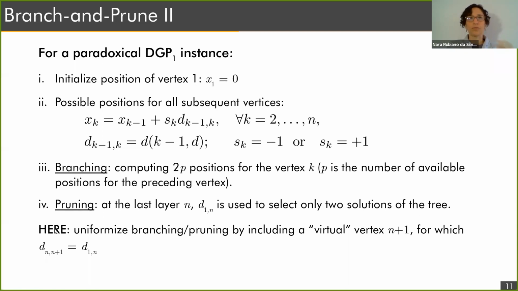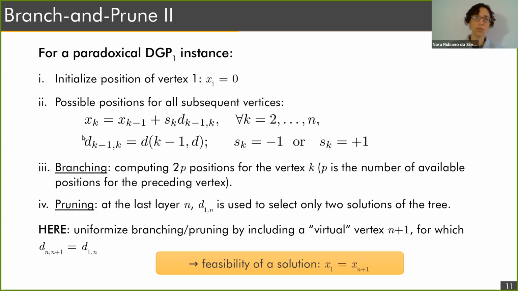With this way of writing the positions of all the vertices, it's quite easy to check if the solution is feasible or not. We can just check if the position of the virtual vertex, when it's reached in the algorithm, coincides with the position of the first one.